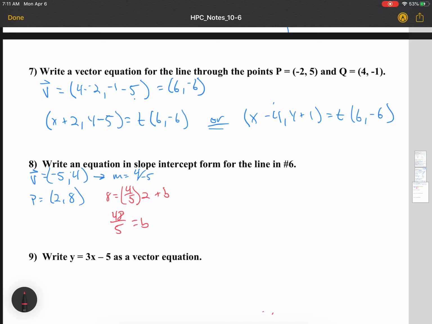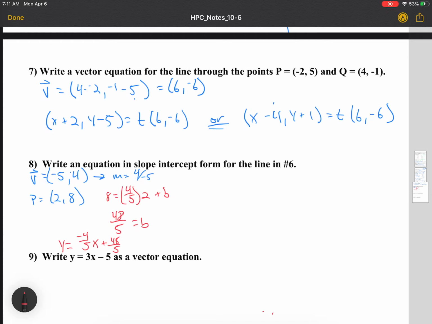If 48 over 5 equals b, we can write that as y equals negative 4 over 5 x plus 48 over 5. And what we did was just use common denominators there. That's how we got that 48.